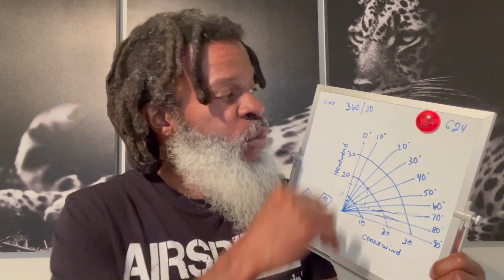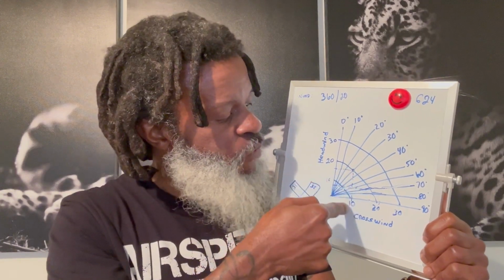What's the difference between 330 and 360? Only about 30 degrees, right? So let's look at our chart here. If we go to the 30-degree mark, we're right there at 30 degrees. And then let's just say we go down on our chart to find, of course, 20. And when we get to 20, boom, we're right there. We've got it penciled in, and then we start to look down at the crosswind to figure out what it is.